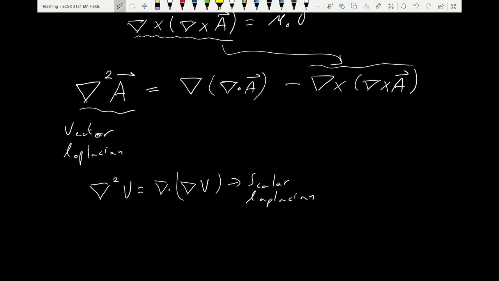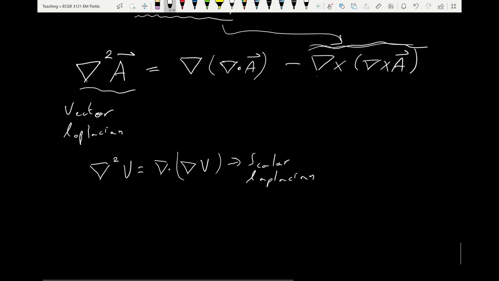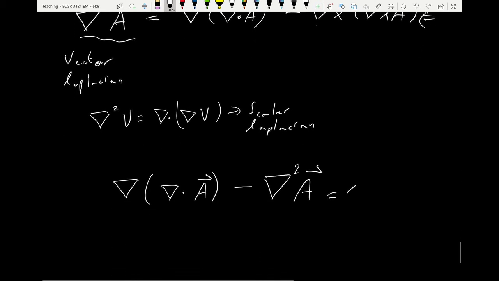Okay, so I can take this and plug it back into this equation, right? So this is clearly equal to the gradient of the divergence of A minus the vector Laplacian of A equals mu naught J. And we said we have what's called gauge symmetry in expressing A, meaning we can select A such that its divergence is 0.